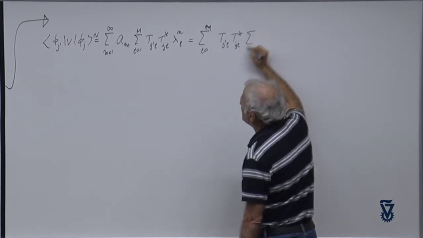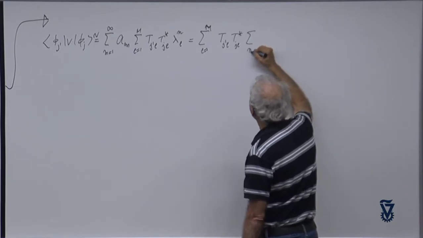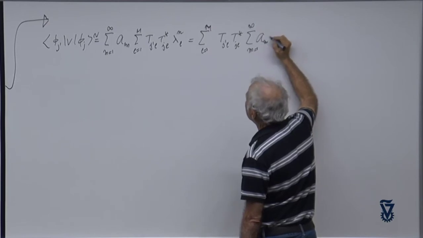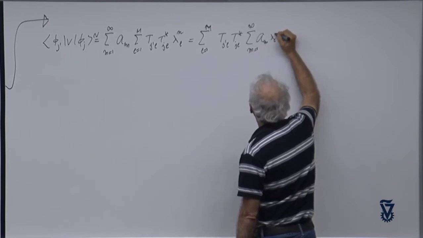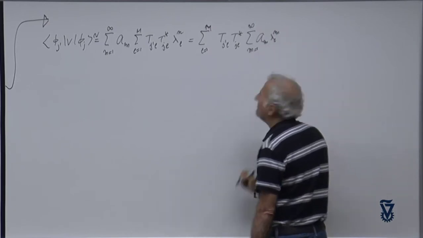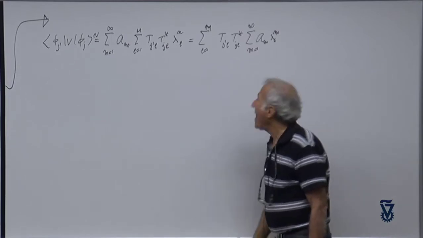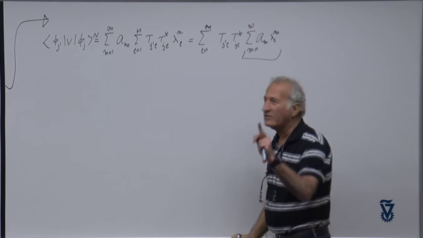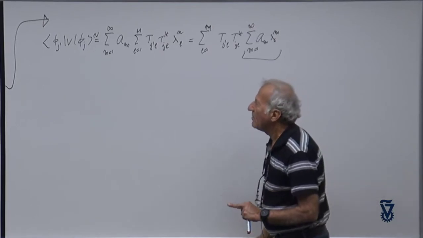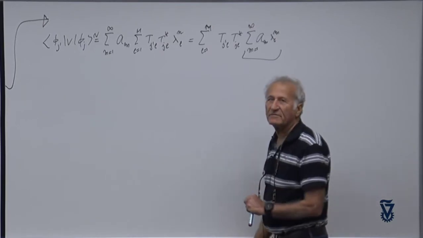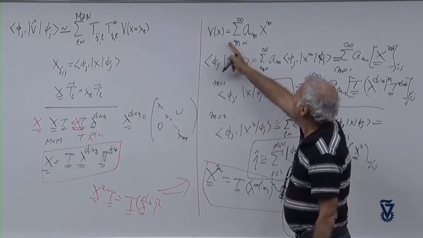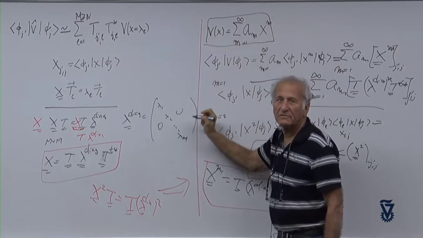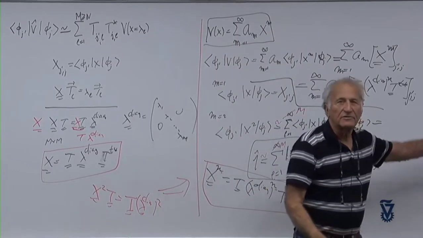And here I change the order of the summation: m from 1 to infinity, a_m λ_L to the power of m. Well, this is exactly the Taylor series expansion of the potential as we stated before. As you can see here, this is exactly what we wrote before. So let's return to the expansion here.